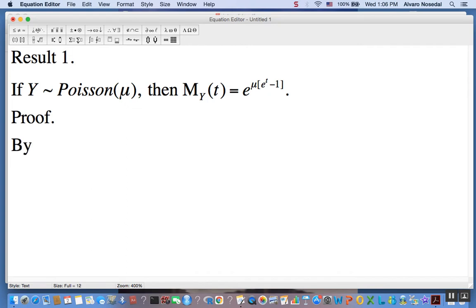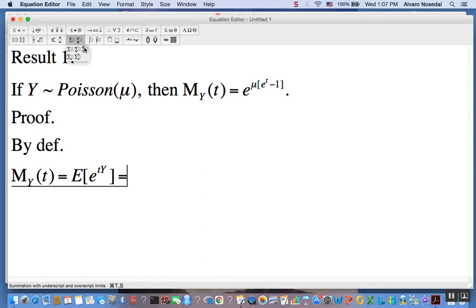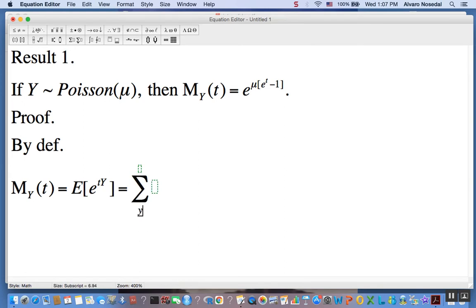By definition, remember what's the definition of the MGF? It's an expected value. The MGF for the random variable Y is the expected value of e to the power tY. In this case, we know that a Poisson random variable is discrete, so what we're going to have is an infinite sum, a series.